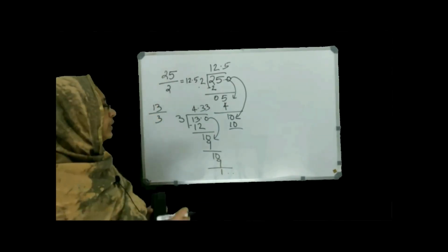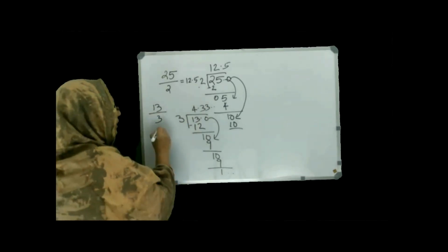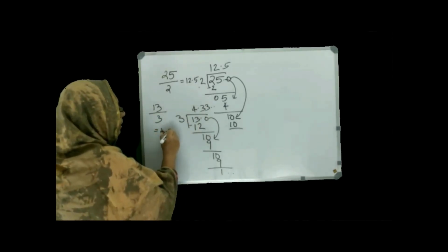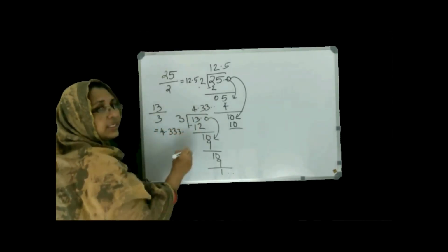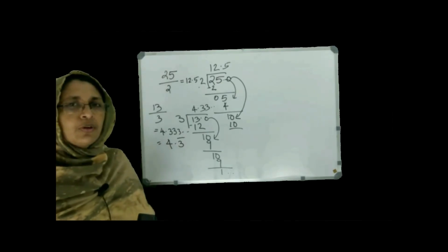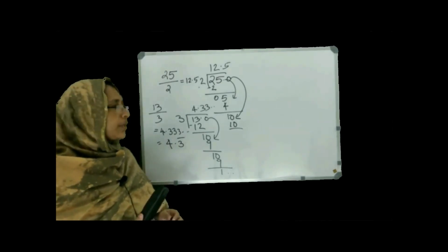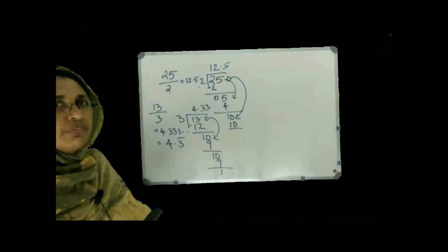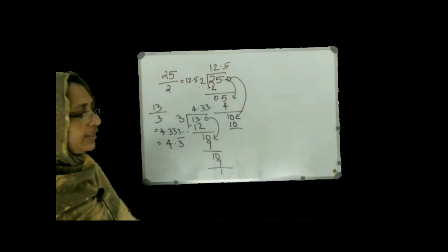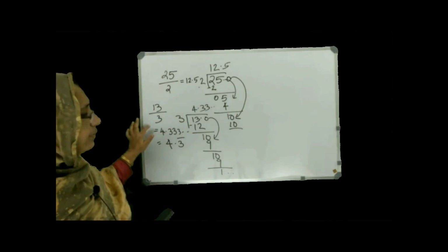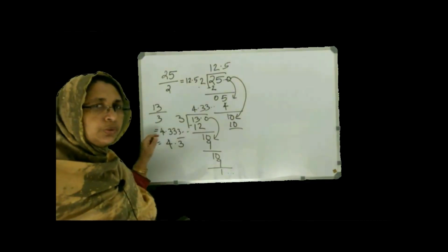This will repeat: 3, 3, 3. That is equal to 4.333 etc. That means 4.3 bar.